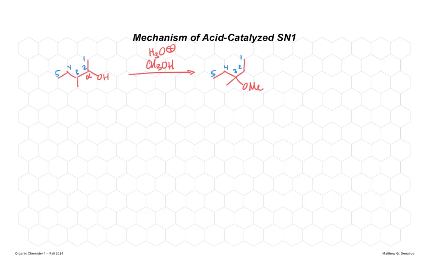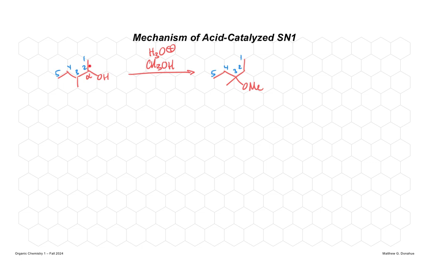So let's go ahead and start drawing some things out. What's reasonable to do here? What's reasonable to account for? So again, I'm going to say the carbon bearing the OH, that's the alpha carbon.